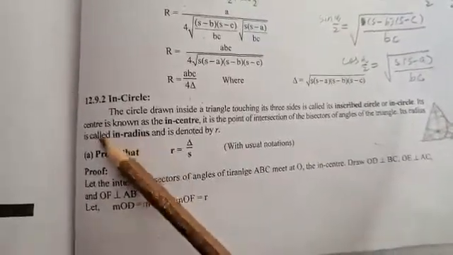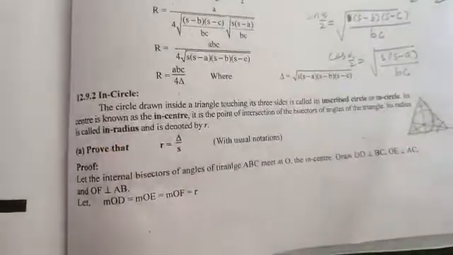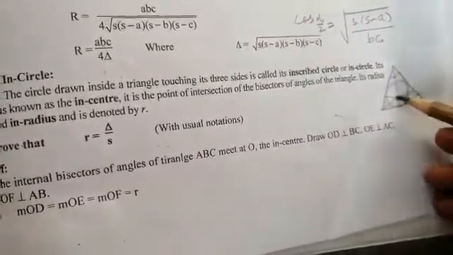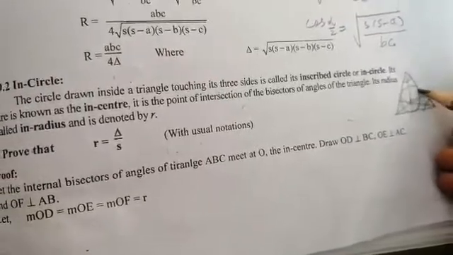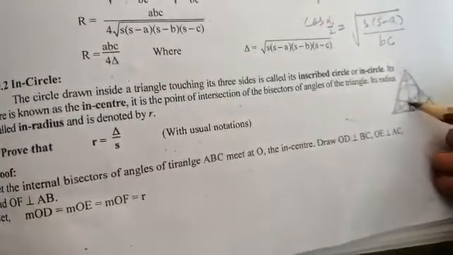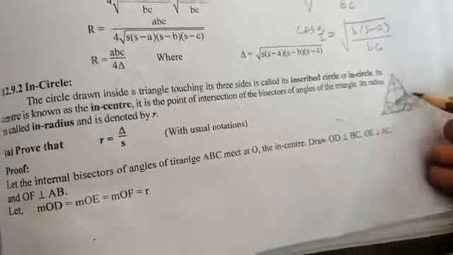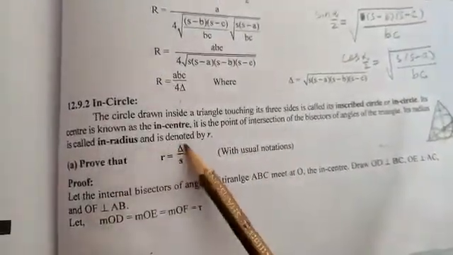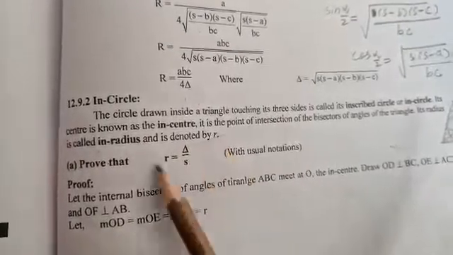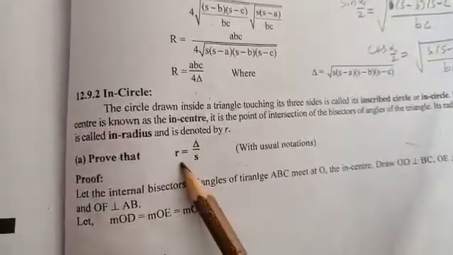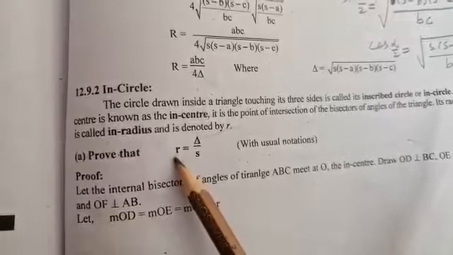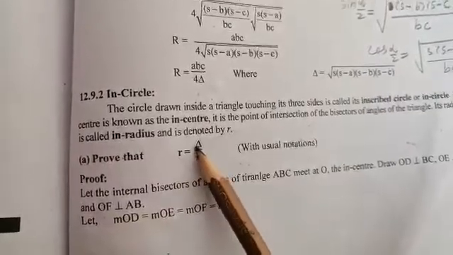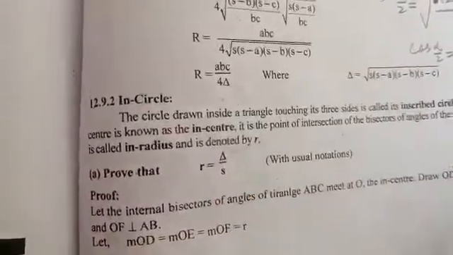Its radius means every line from this center to any point of circle. Its radius is called inradius and it is denoted by small r. Now we are going to prove very important result: small r is equal to area of triangle divided by s.